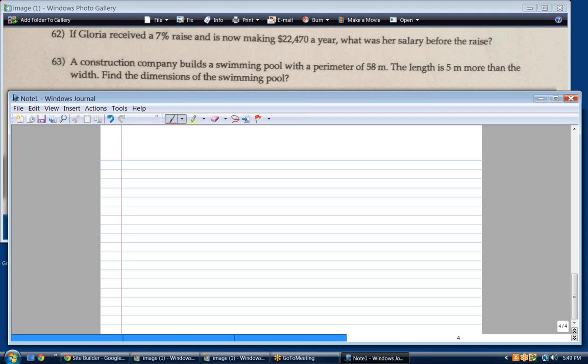Define the variable and spell out what it is. And usually that's the very last question they ask. What was her salary before the raise? So let's let S equal salary before the raise. In other words, you can almost always let your variable equal to whatever they're asking for.